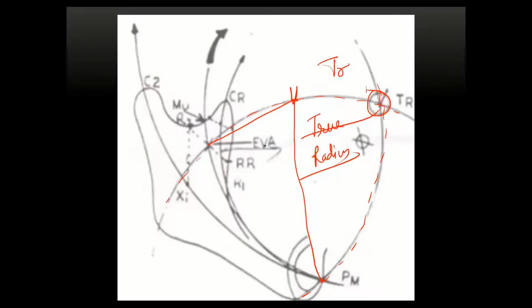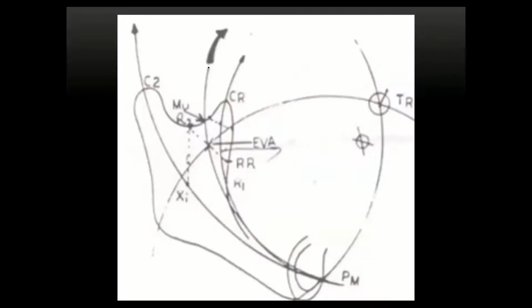Now you take the same measurement and you place your divider here and you draw an arc. So the arc will cross point PM and point Eva. This arc which is made represents the growth of the mandible.